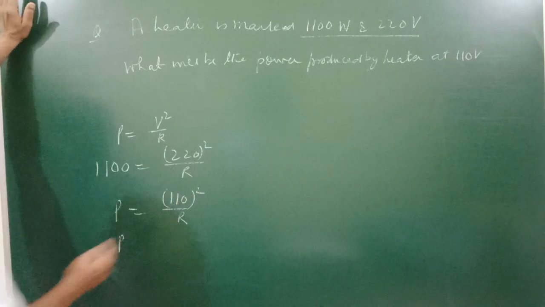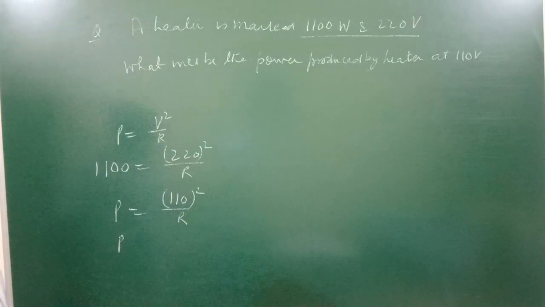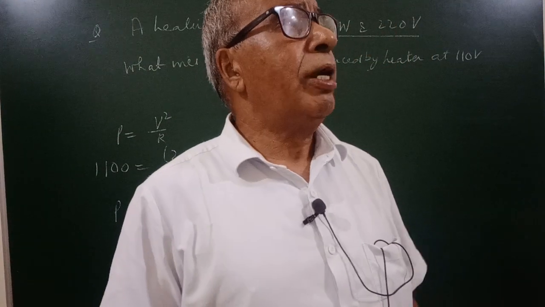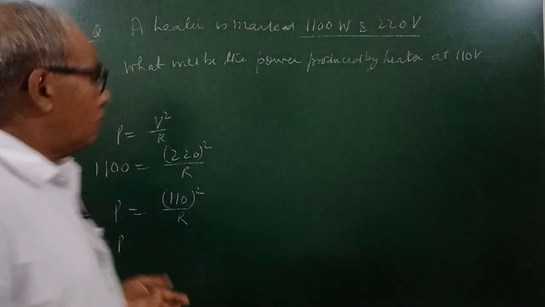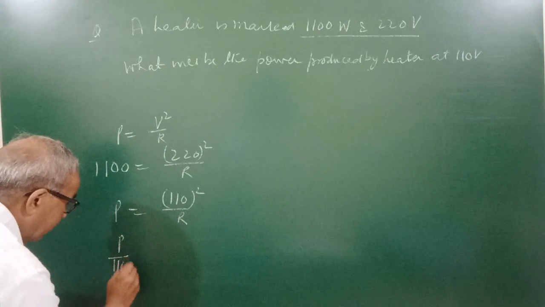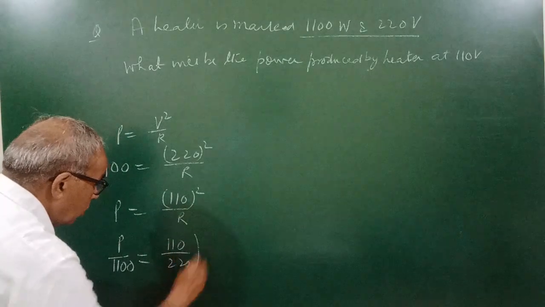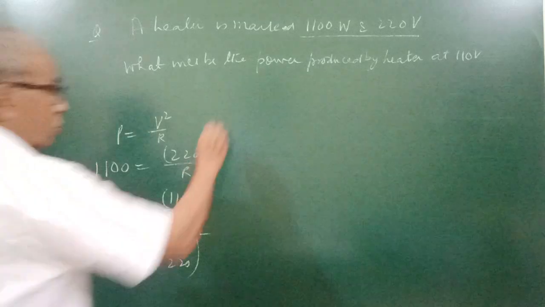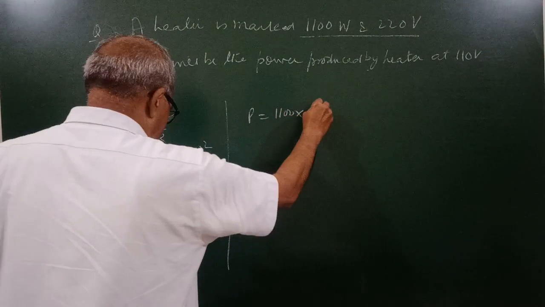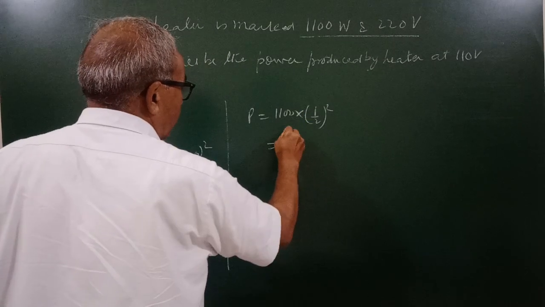Here it is assumed that resistance remains the same. Though you know the resistance of the filament varies with temperature, we assume anyhow the resistance is the same. So P upon 1100 equals 110 upon 220 whole square, so P equals 1100 into 1 by 2 square, I mean 1 by 4.